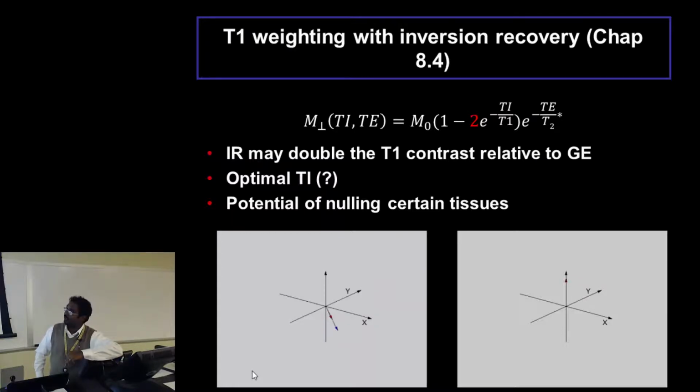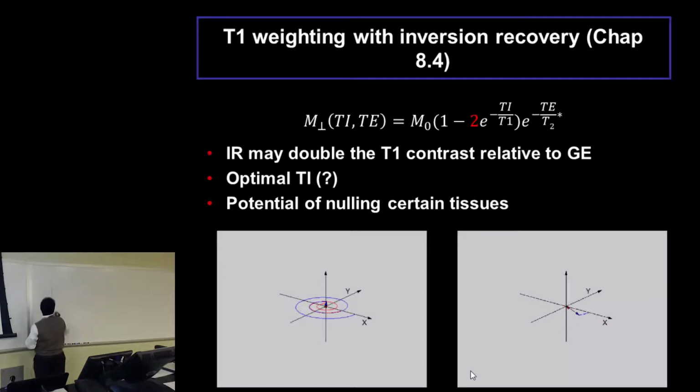You can time your TI in such a way that one of the tissue signals is 0, or you can time it in such a way that there is a large signal difference between the two. I should have included that, but let me just draw it and show you. Your 1 minus e to the minus t over T1 recovers like that.